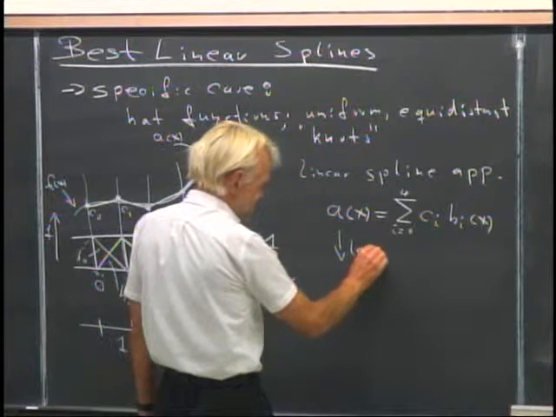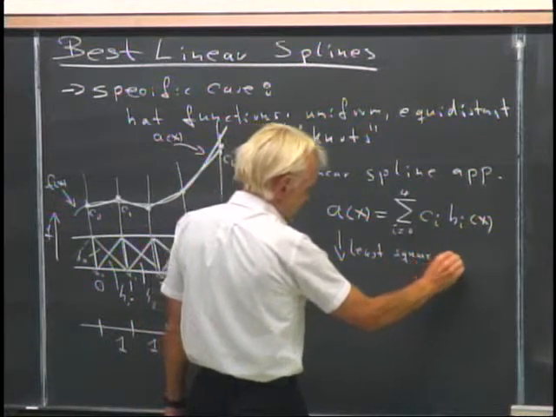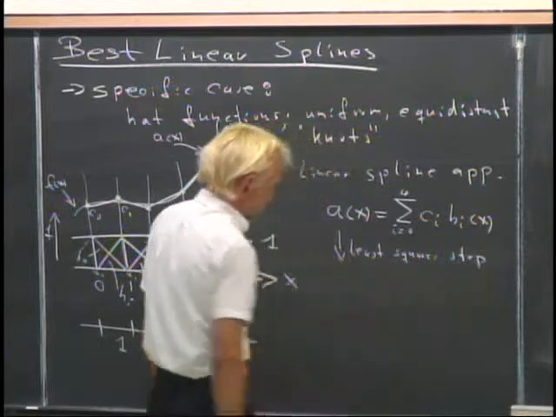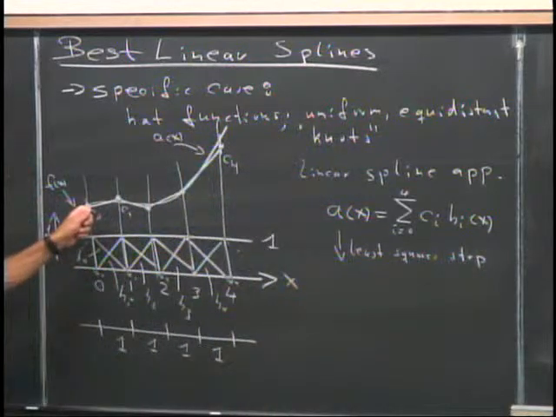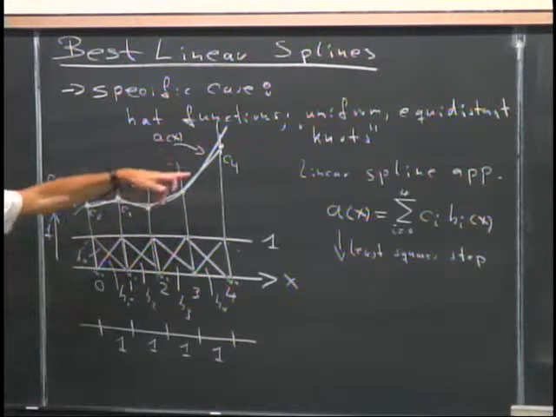So this is the least squares step. What does it mean? We want to minimize the integral of the squared differences between the polyline and the curve. So in a sense it is related to the area between these two graphs.